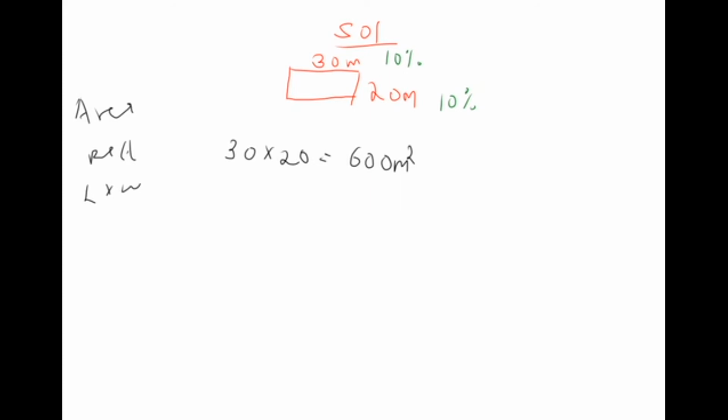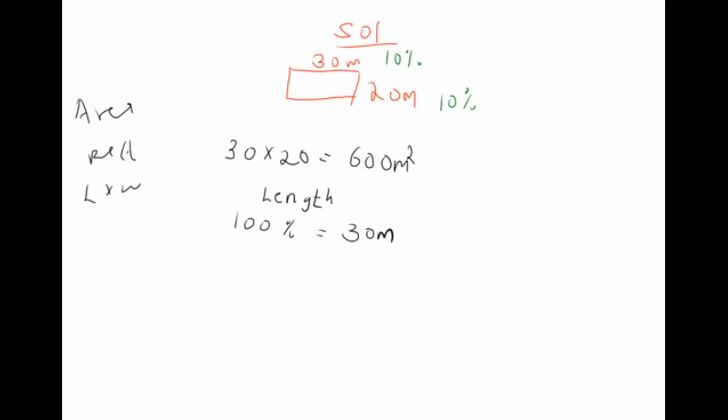Then we are told that each side is increased by 10%. Therefore now, let us calculate the length after the increase. Length after the increase: 100% is equivalent to 30 meters.